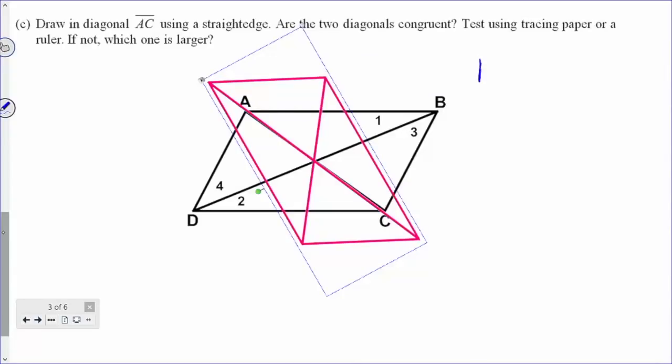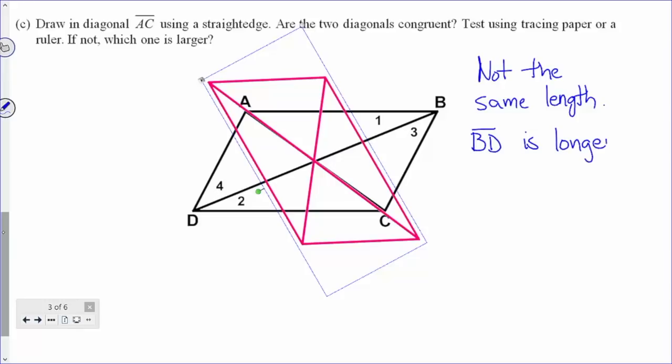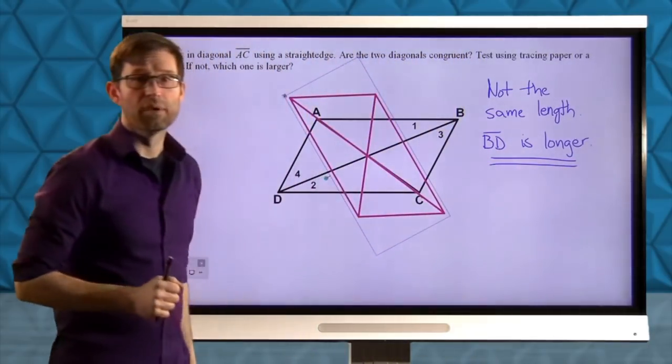So they are most certainly not the same length. And we can say that BD is longer. At least in this case, BD is longer.